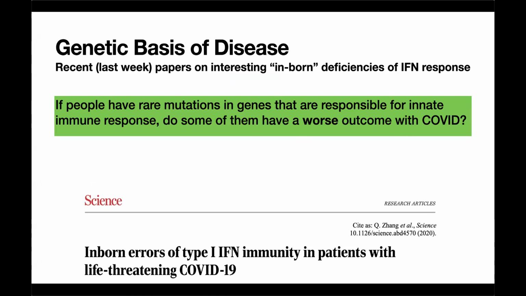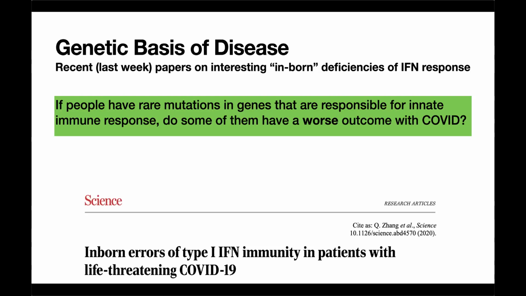I'll throw up a paper that I'll come back to next week because we need to do a little bit of background in order to get to this. There were two very interesting papers published in Science back to back from the same research consortium that looked at two different genetic bases of disease.